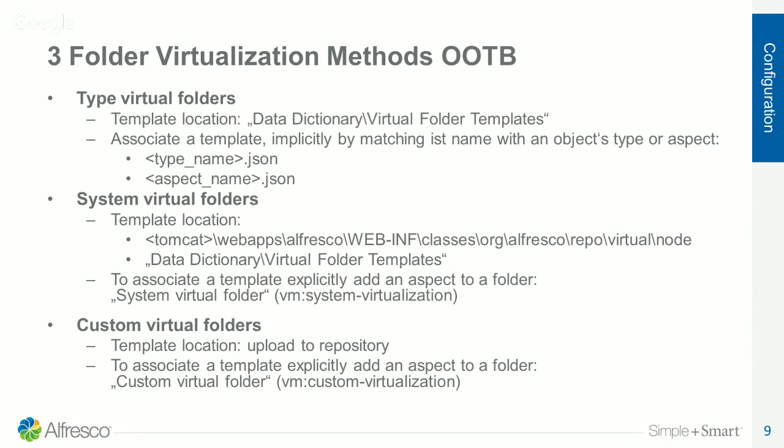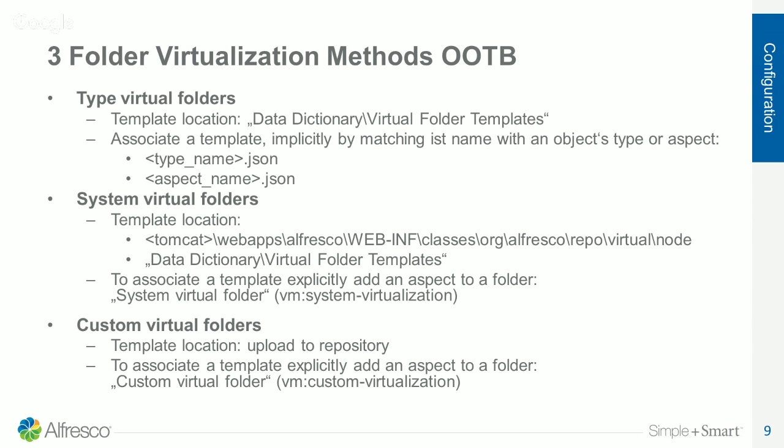Then virtualization methods, we've spoken about it. The type virtual: the template location is in the data dictionary, and it's associated via a name. The system virtual is associated via an aspect that's added to a folder, and the template is located either in a data dictionary or in the class path.